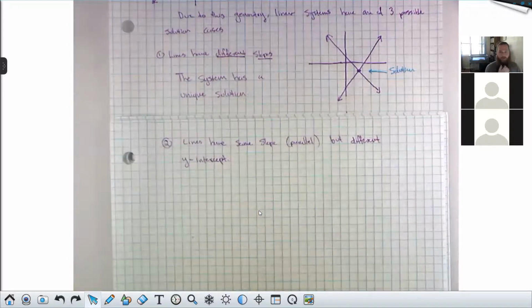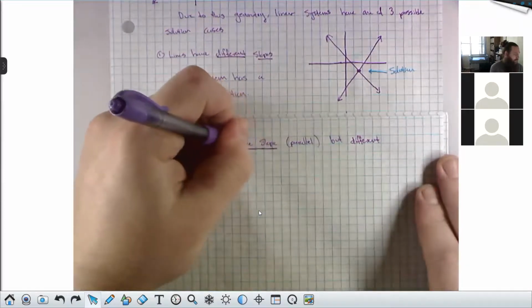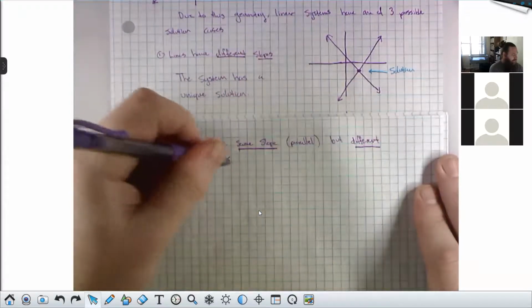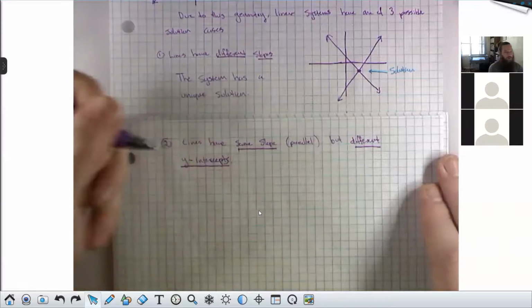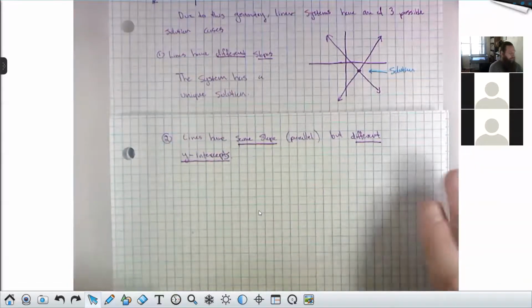Maybe the lines have the same slope. Remember, that means the lines are parallel, but with different y-intercepts, meaning you have two distinct lines that are parallel.